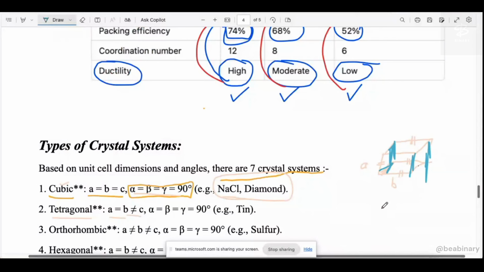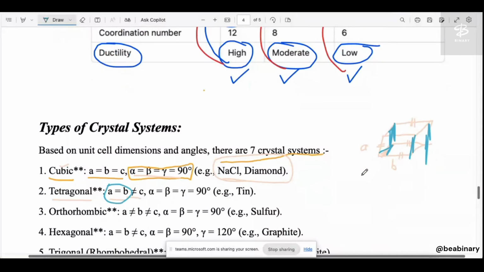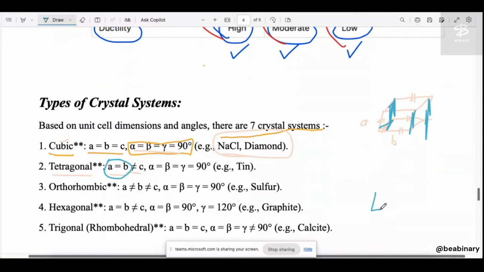So A, B, C are not all equal. You can say A and B are equal, I mean the top face and the bottom face are equal. We have made a confusion here. Suppose this is your base, and now suppose this is your top.